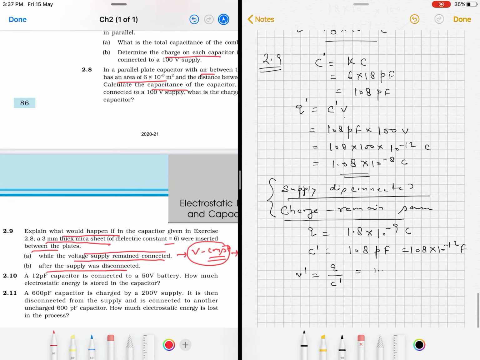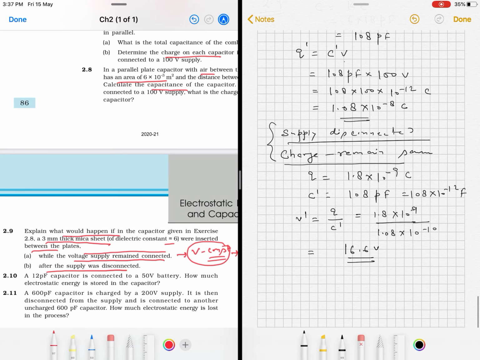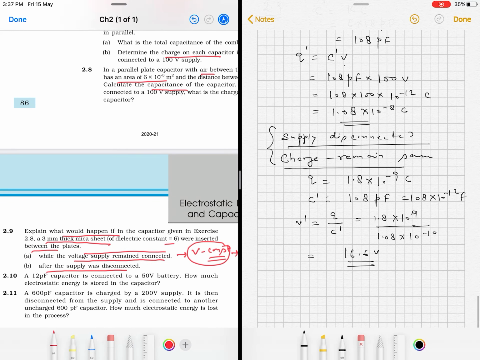So Q is 1.8 into 10 to the power minus 9 upon C, C is 1.08 into 10 to the power minus 10. So when it is solved, we will get 16.6 volt. So voltage will be changed. So these are the two important things. When the battery remains connected, potential will remain same. When the battery is disconnected, charge will remain same. So these are the two important concepts.